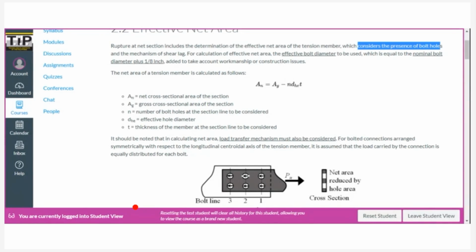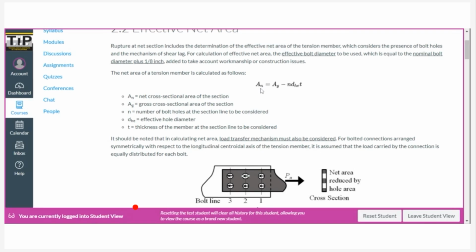So we will still be considering another factor here, which is the shear lag mechanism. Okay. So once you have considered both, that's the time that you will be able to calculate the effective net area. So again, the effective net area is not always equal to the net area here, and vice versa. Okay.